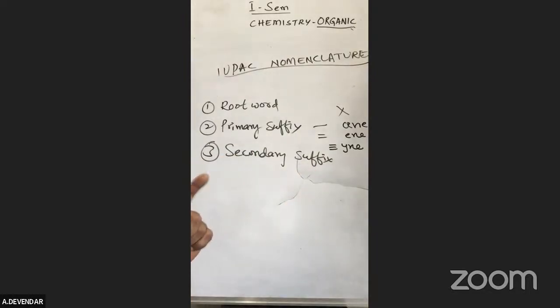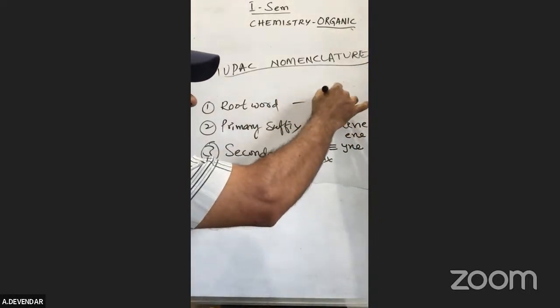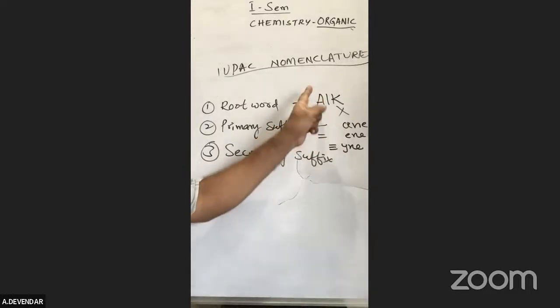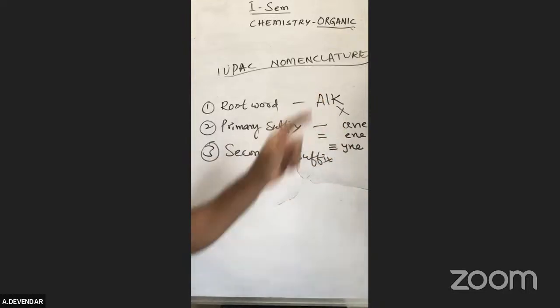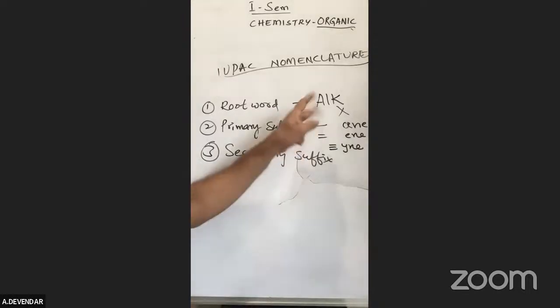The root word for number of carbon atoms is alk. Alk plus ane, alkane. Alk plus ene, alkene. Alk plus yne, alkyne. That's it. Okay, right.